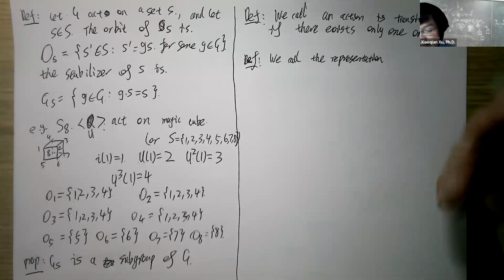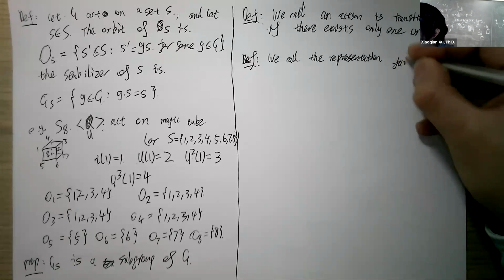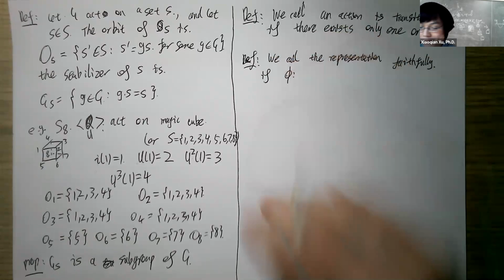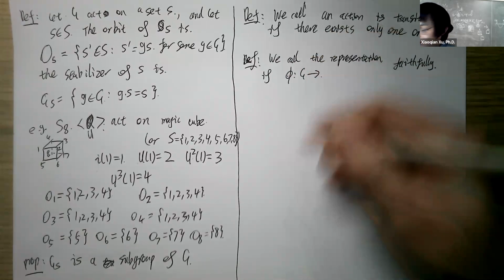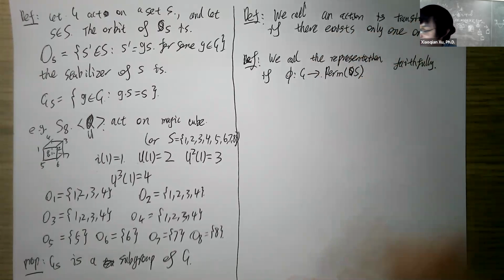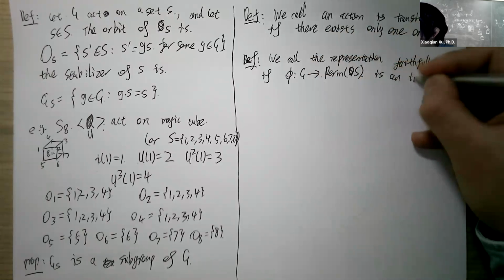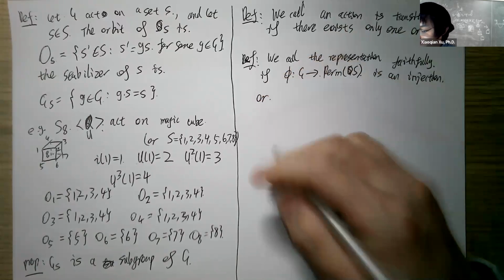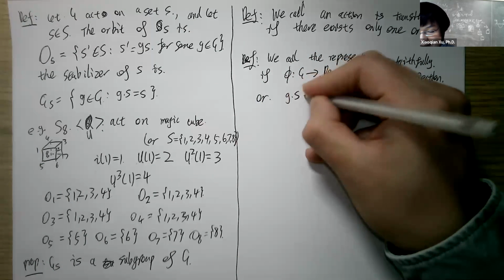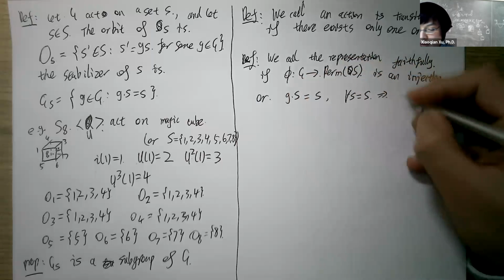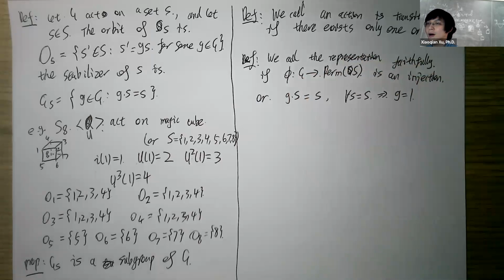We call a representation faithful if this homomorphism from G to the permutation group of S is an injection, or g·s = s for any s implies g = 1. Okay?